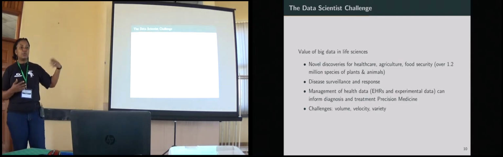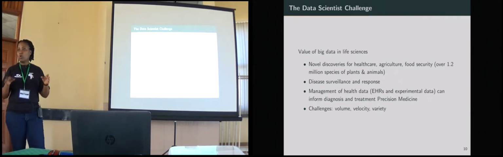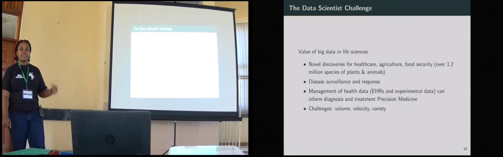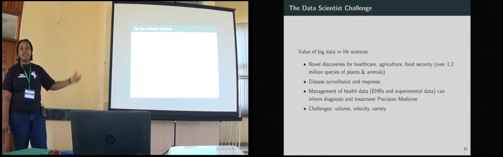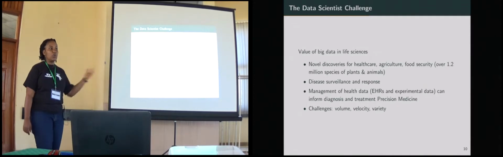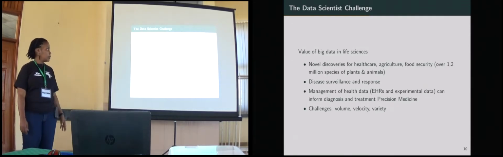There is data for over 1.2 million species of plants and animals, all available. So as a data scientist doing end-to-end data science, how do you achieve value from that available data? What question are you trying to answer from all the data that is currently available?